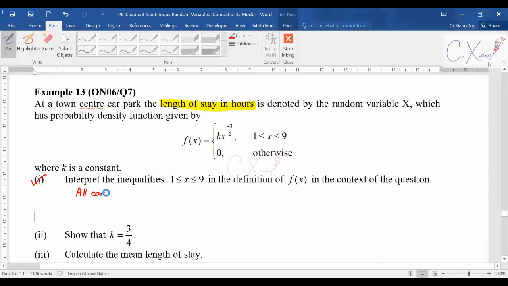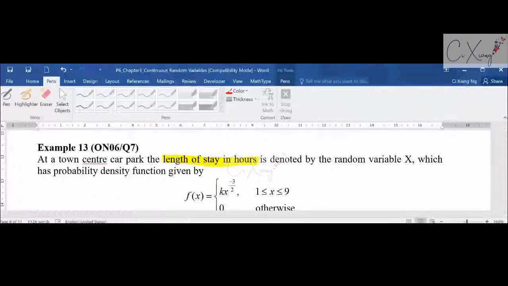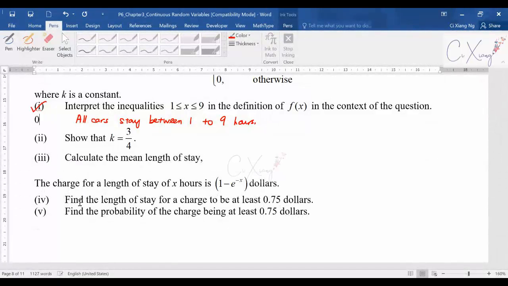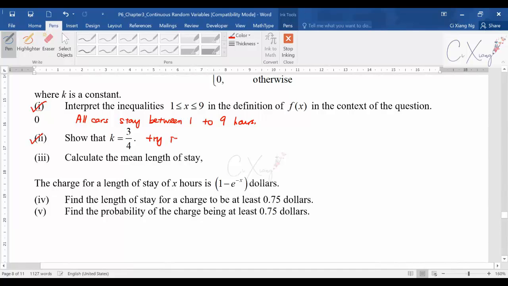So you can say that all cars stay between 1 to 9 hours. Okay, so this is what we have. All right, then after that, for the second part, they want you to show that k equals to 3 over 4. So this one I will leave it for you. Very easy.